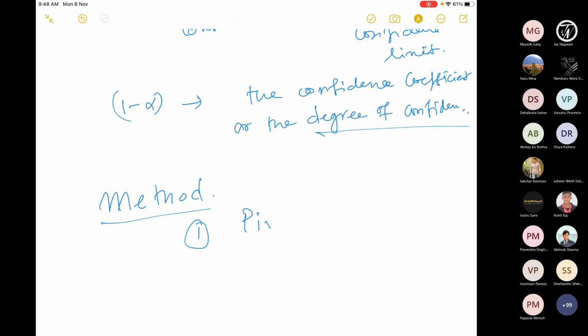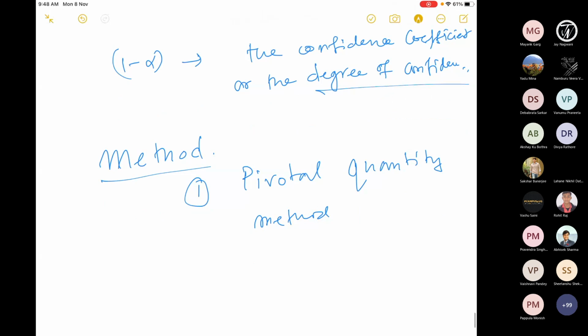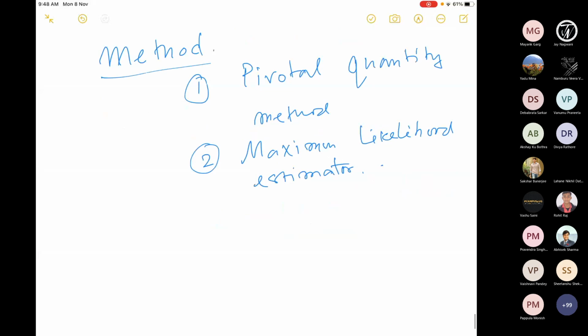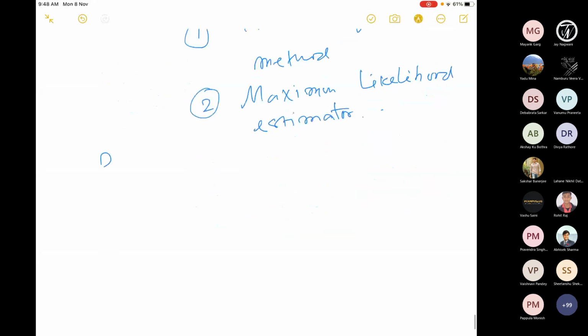One is the pivotal quantity method, and another one is the maximum likelihood estimator. First, let us discuss the pivotal quantity method.